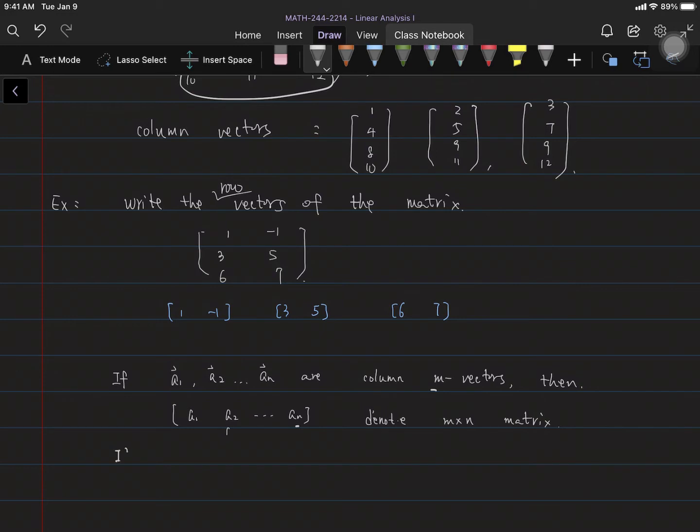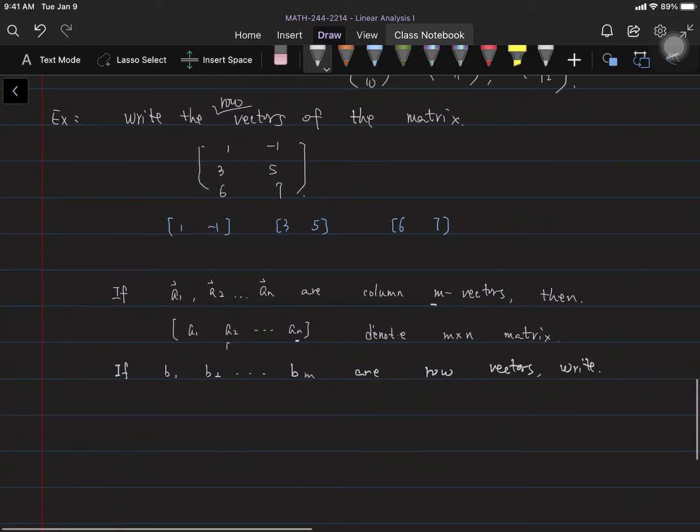Same thing if we have b1, b2, bm, which are row vectors. So we can write the matrix as row vectors, so they are in the horizontal way. We can write down b1, because b1 goes this way, b2, right, and bm.